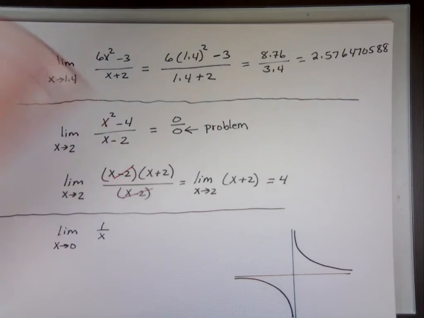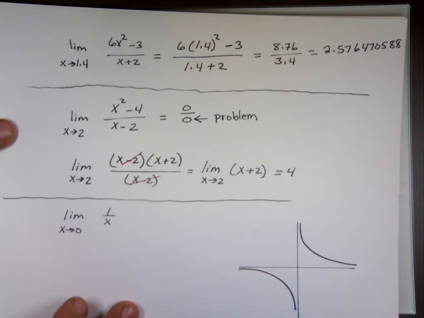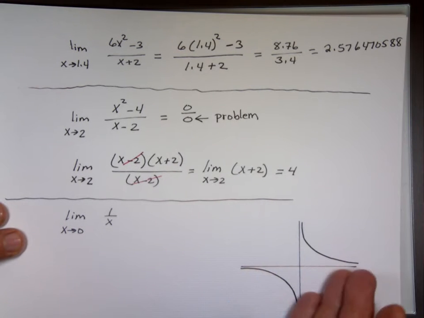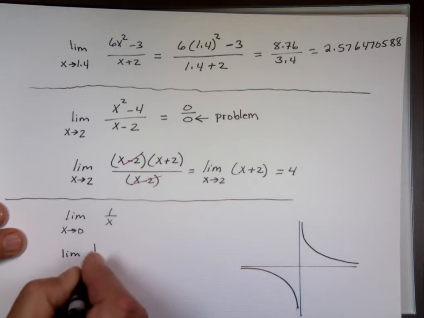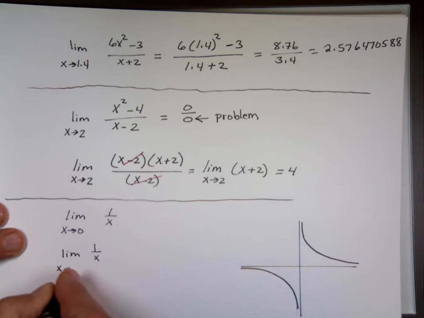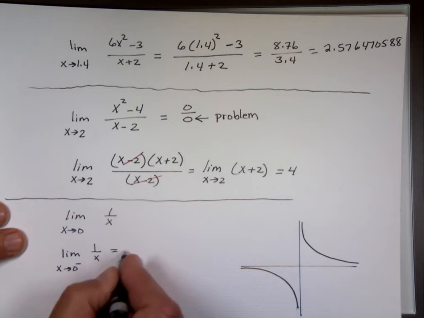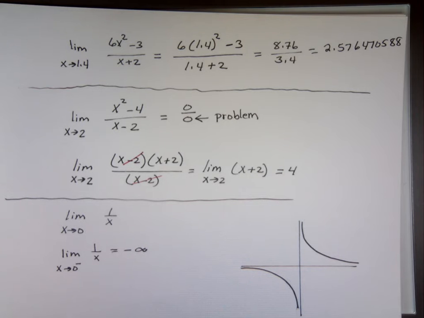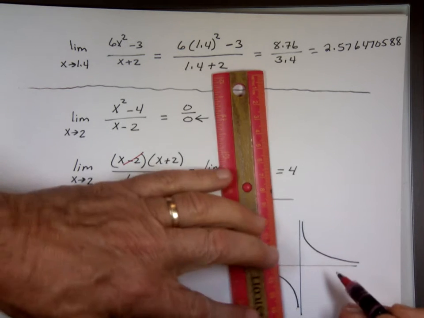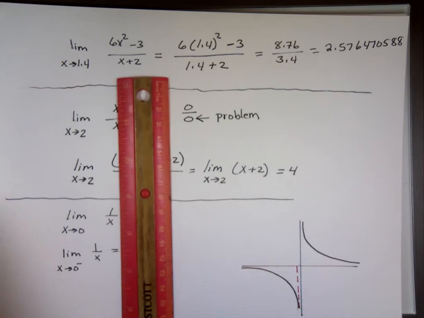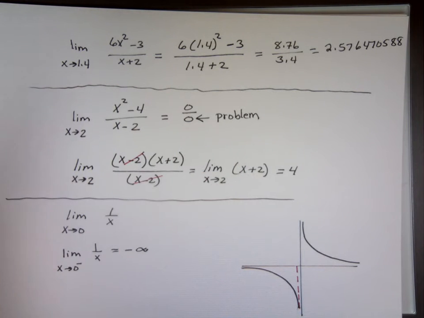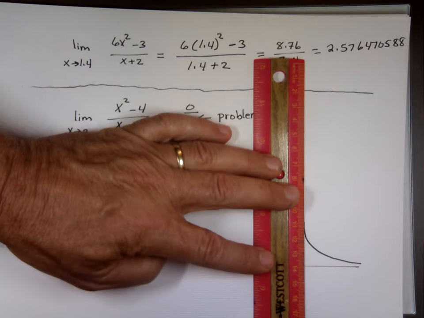Well, if you see the picture of it, you can look at the limit from the left and the right to see what the answer is. What's the limit of 1 over x as x approaches 0 from the left? Yes, negative infinity. Notice as you approach 0 from the left side, that's your y value, down to negative infinity. And as you approach it from the right side, what's your value?